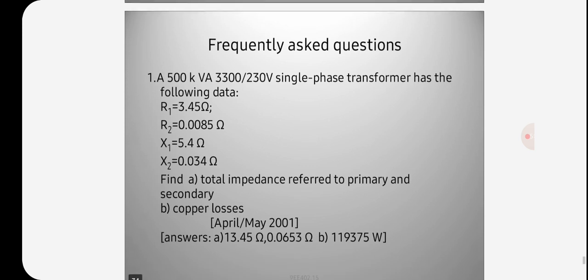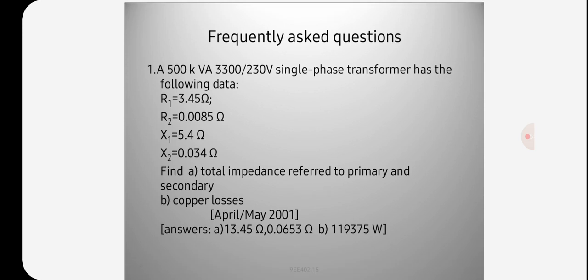And also, a 500 kVA 3300 by 230 volt single phase transformer has the following data: R1 is equal to 3.45 ohm, R2 is equal to 0.0085 ohm, X1 is equal to 5.4 ohm, X2 is equal to 0.034 ohm. Find the total impedance referred to primary and secondary, and also find the copper losses. This question was asked in April May 2001.